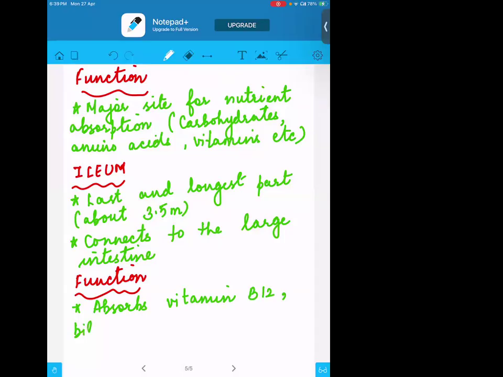It also absorbs the bile salts, which are important for the emulsification of fats, and whatever remaining nutrients were not absorbed by the duodenum, so that nothing goes into waste. That is what the ileum does.